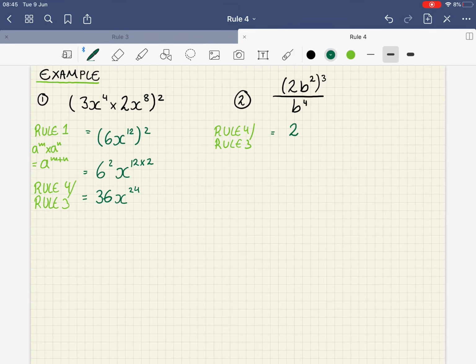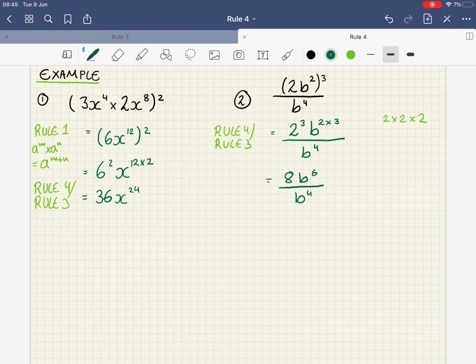So that cubed is going to affect each thing individually. So I'm going to have 2 cubed and b to the power of 2 times 3. And so neatening that up, 2 cubed. So 2 times 2 is 4, times that by 2 again, that's 8. b to the power 6.